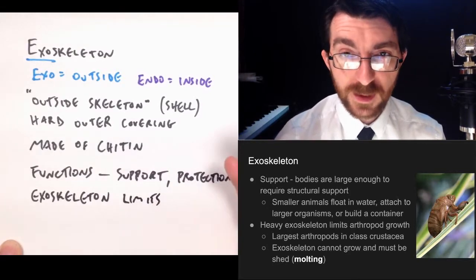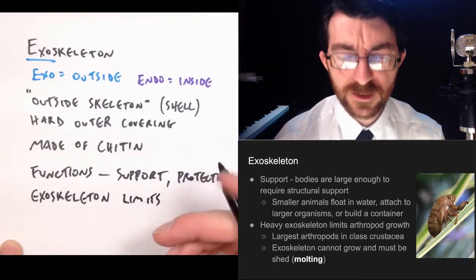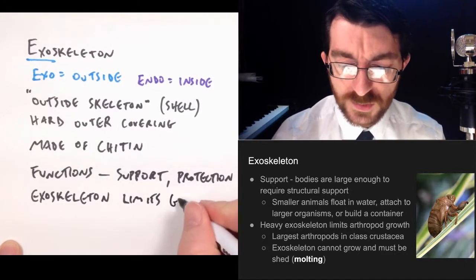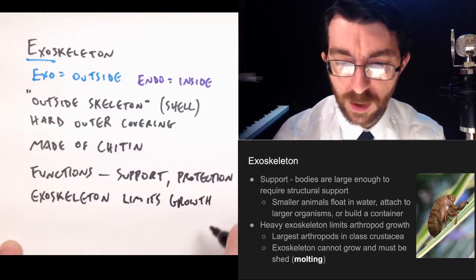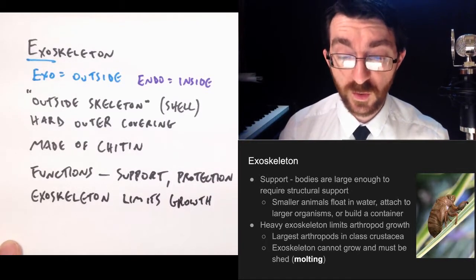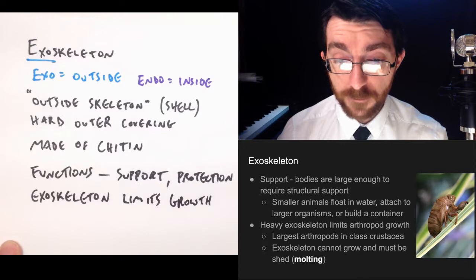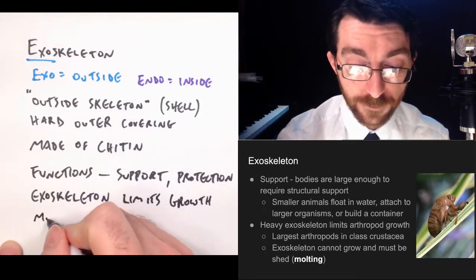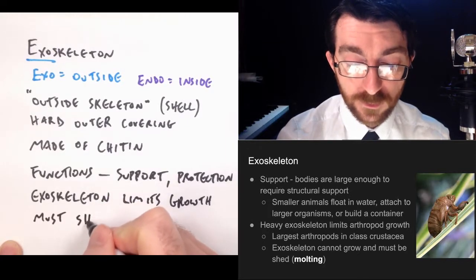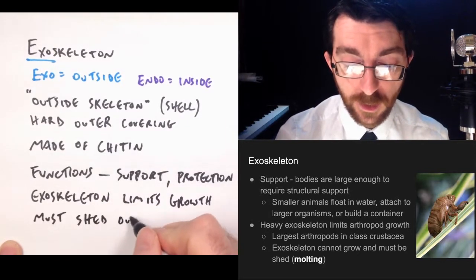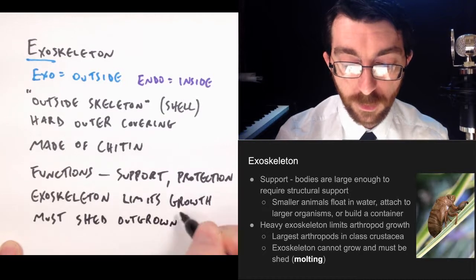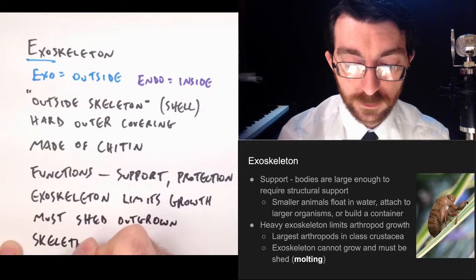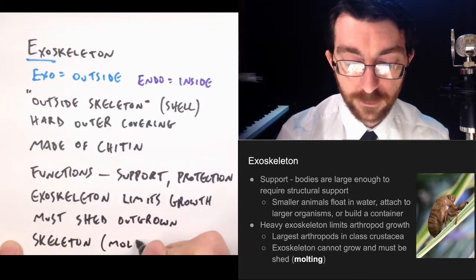But if it's made of minerals, think of it almost like a fingernail or something. It doesn't grow the way that living tissue grows. So it's harder for things with exoskeletons to get much larger. And whenever they do outgrow their shell, they need to molt. They must shed an outgrown skeleton, and that's called molting.